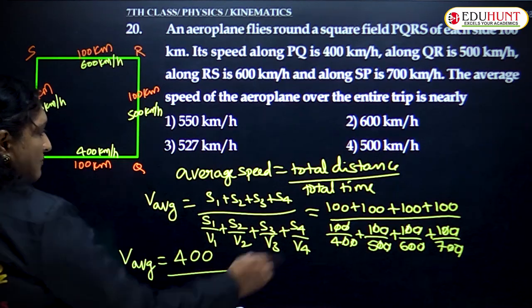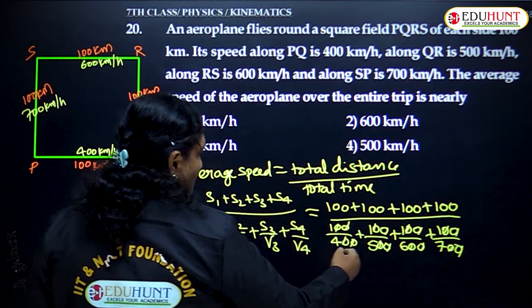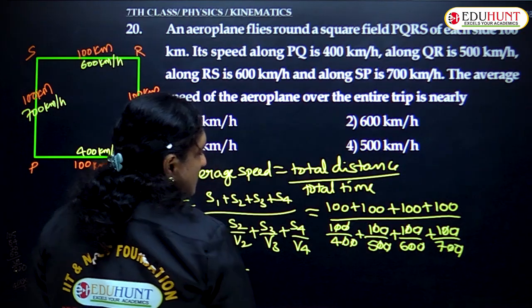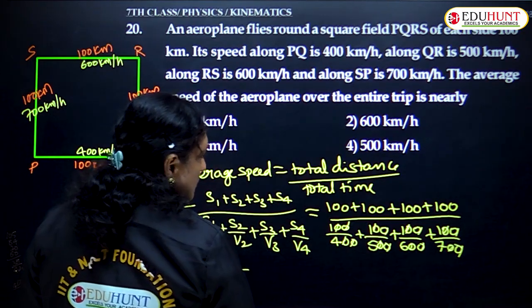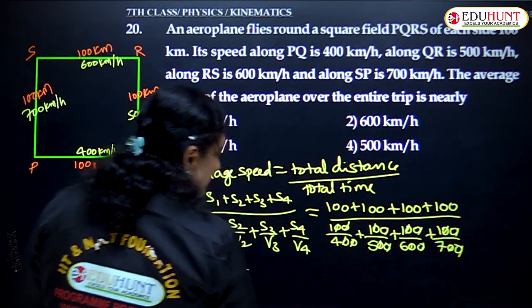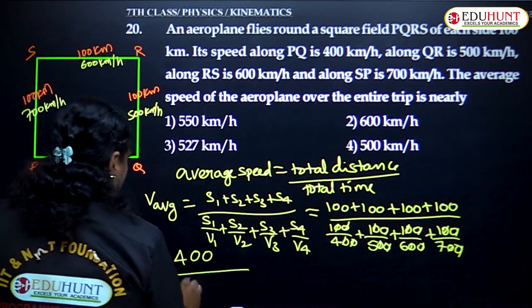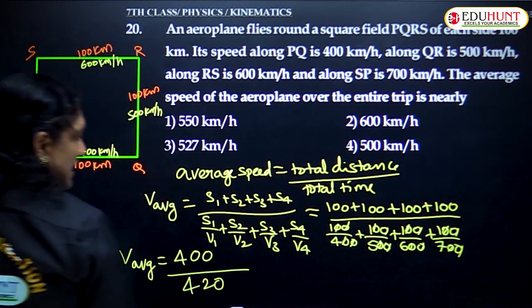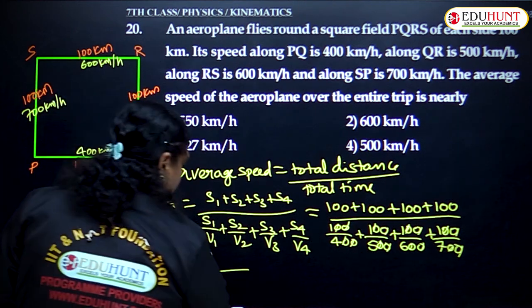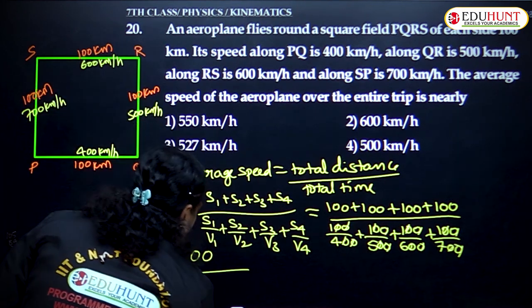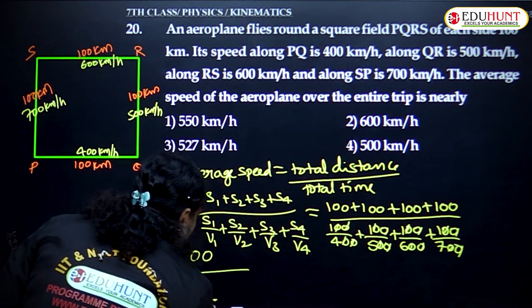Okay, the LCM for all these: 5 fours are 20, 20 into 6 is 120, 120 into 7 is 840 and the LCM is 420, isn't it, children? So the LCM was found to be 420.